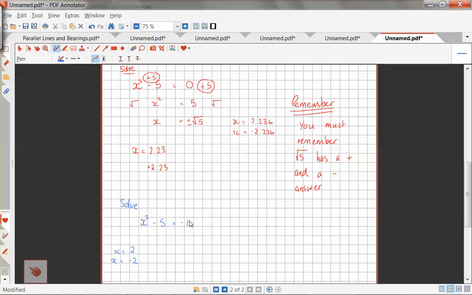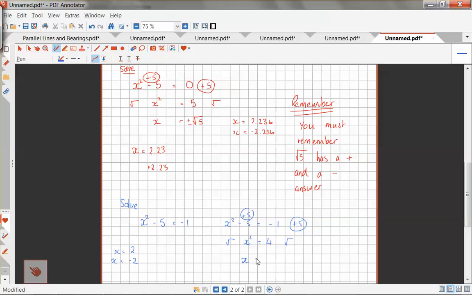So how do we do this one algebraically then? We add 5 again, on both sides. That leaves me with x squared equals minus 1 add 5, which makes 4. Square root both sides.